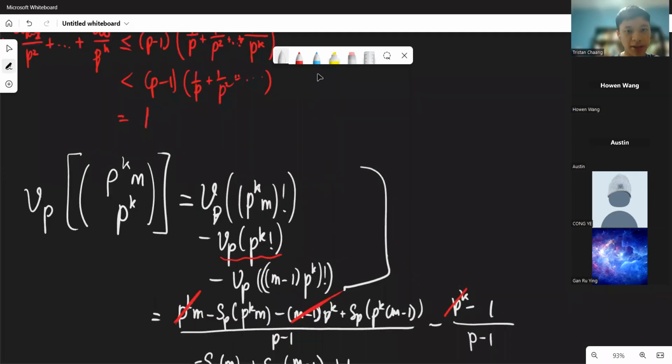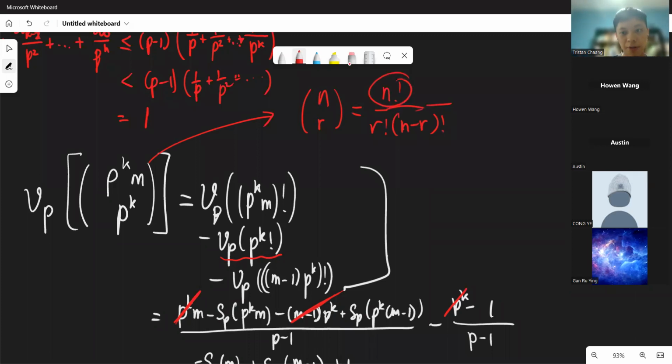So this is because the definition of n choose r is n factorial over r factorial times n minus r factorial. So if you take the VP, you just take the VP of the numerator minus the VP of the denominator.